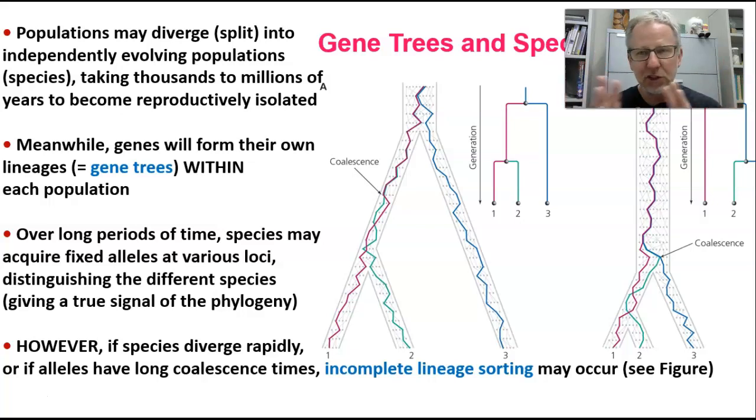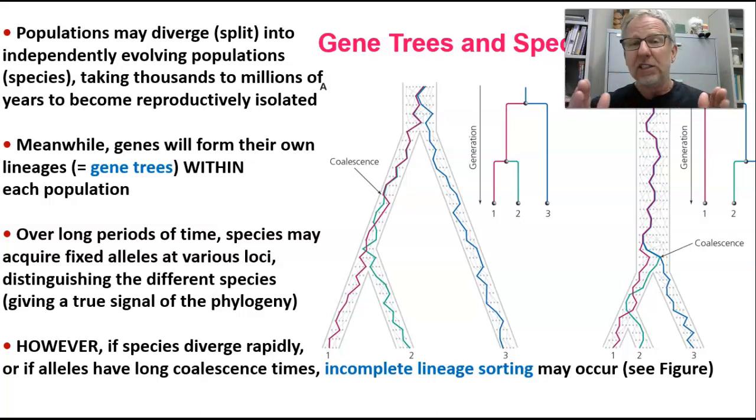That can happen due to genetic drift or selection, and these fixed alleles can help us distinguish species. So we say, oh, look, species number 1 has allele A for this gene, and species 2 has allele B for this gene, and species 3 has allele C. So if we can find fixed differences, then the species can become distinguishable based on that.